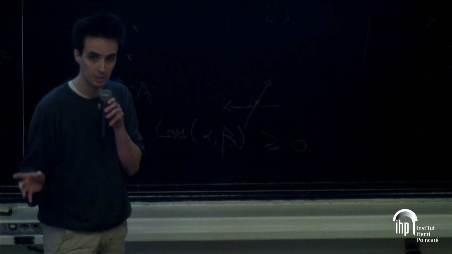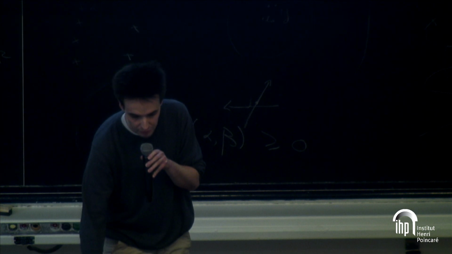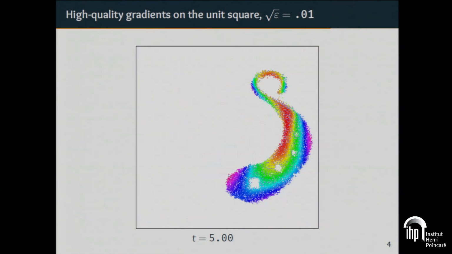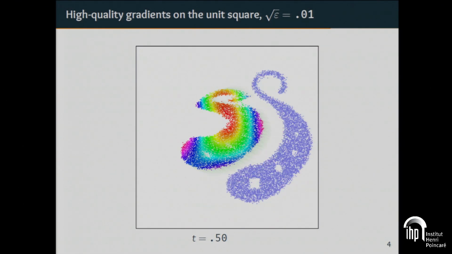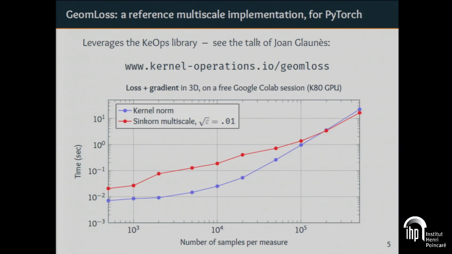So to come back to my example, if I use an optimal transport loss here, I'll get a high quality gradient and basically get this kind of trajectory. Okay? And the good news is that basically you don't have to code it by yourself. I did it, and I released it yesterday, basically. And so if you go on this website, you'll have access to a really top state-of-the-art implementation of optimal transport.